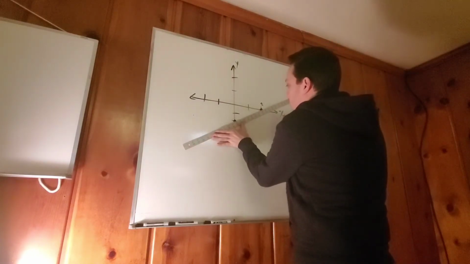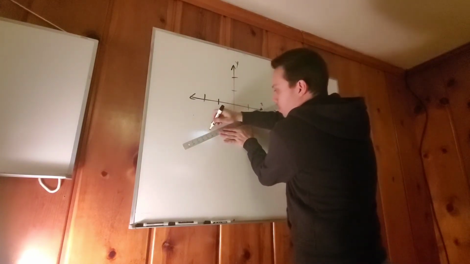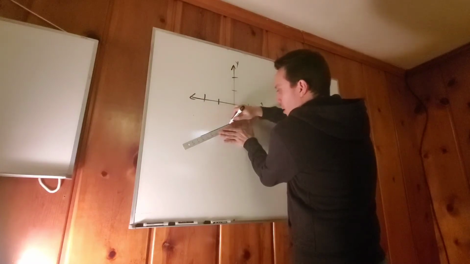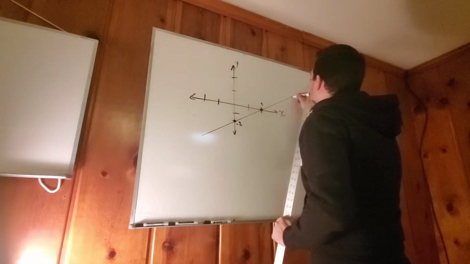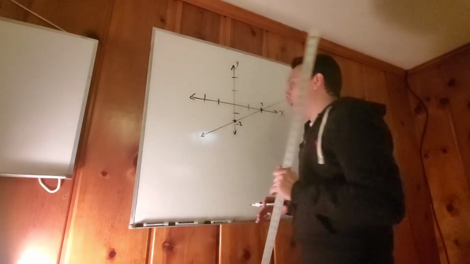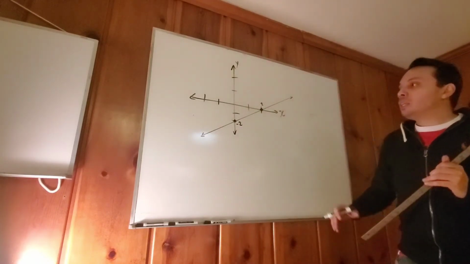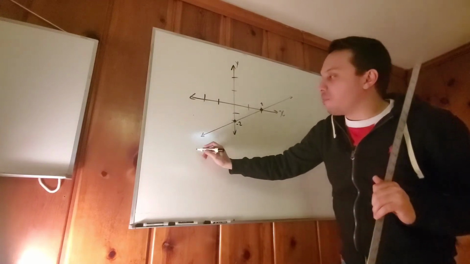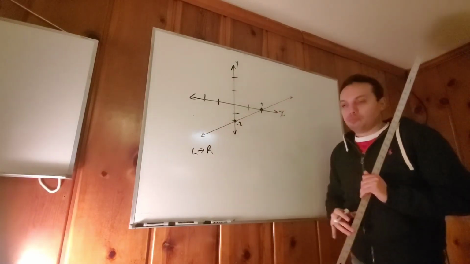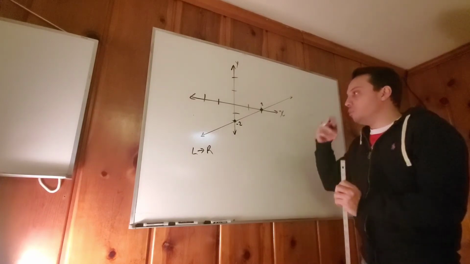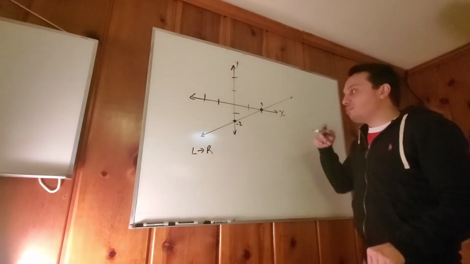I don't know if I made that joke here, but this is my pocket ruler. So we have a line right here, okay? Now we know that if we read it from left to right, it's going up. That's good. It's going up.